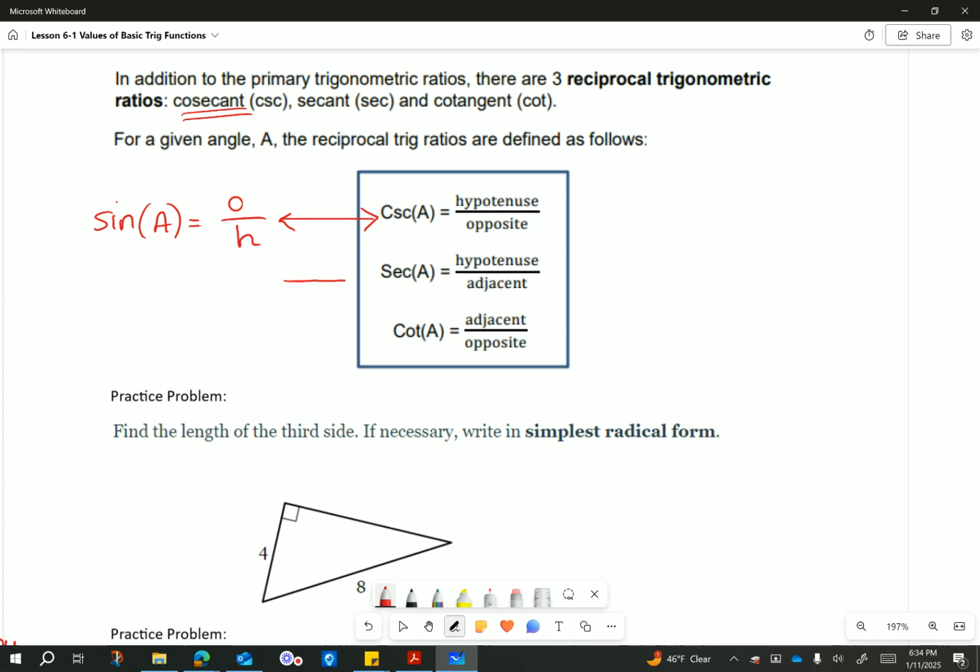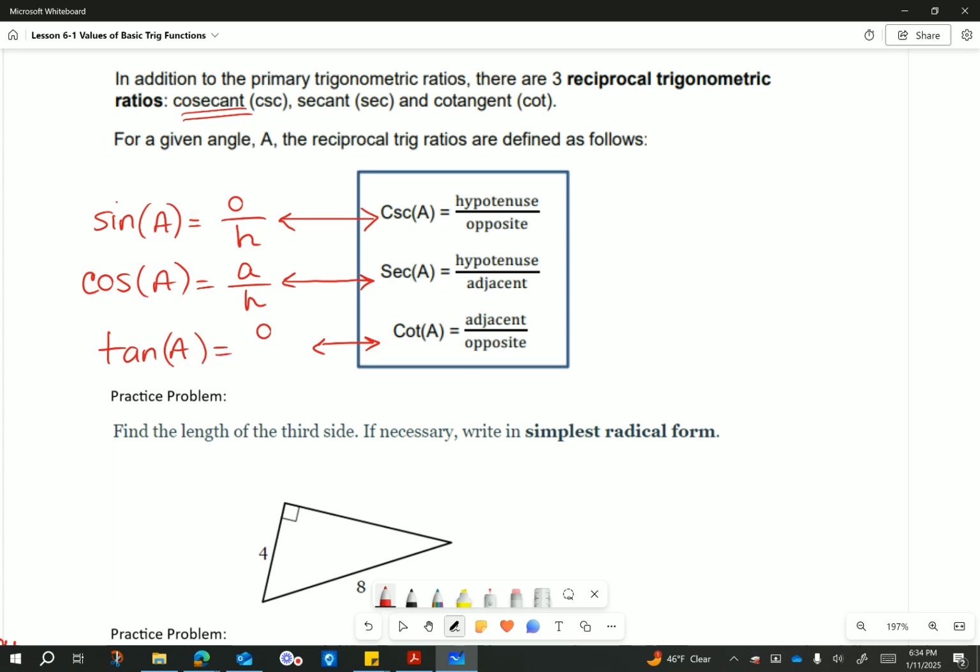Secant, its reciprocal, comes from cosine of a given angle. Cosine is A over H. Secant is H over A. And then as far as cotangent, well, that is the reciprocal of tangent of an angle.